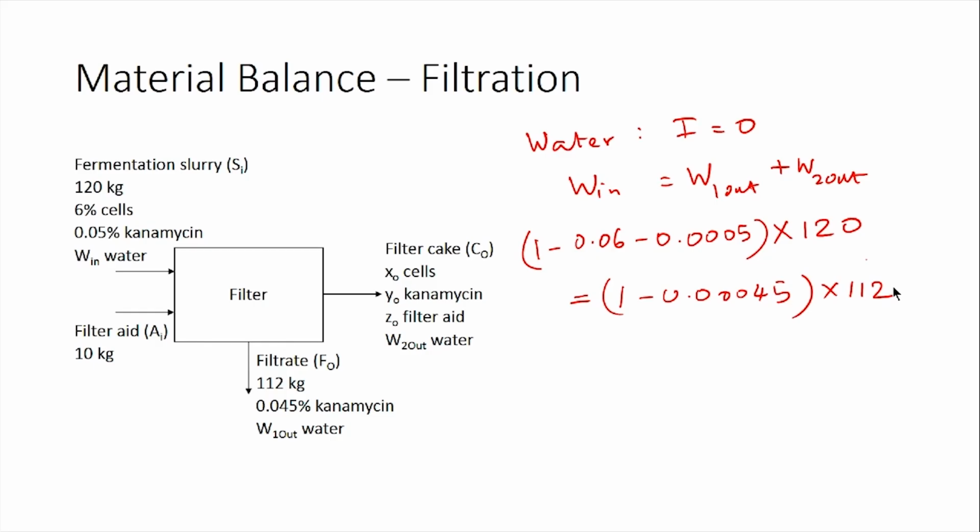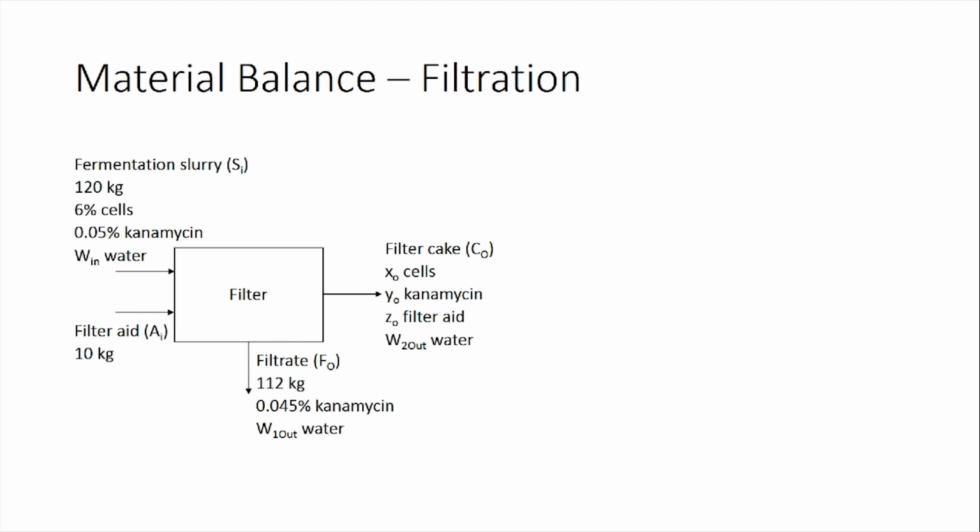So, we need to calculate the mass of water leaving the system through the filter cake, which is given as W2 out. From here we can calculate W2 out as 0.79 kilograms. So, 0.79 kilograms of water leaves the system along with the filter cake. The first part of the question was to calculate the percentage of liquid accompanying the filter cake. We now know the total mass of the filter cake and also the amount of water which is accompanying the filter cake.